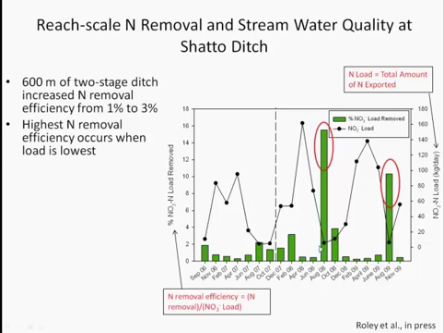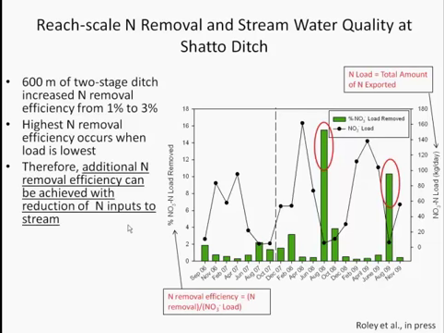So here in August of '08, we were removing about 15 to 16% of the load. That tells us that if we can reduce some of the inputs to these ditches through managing the tile drains or managing the fertilizer on the field, we can probably attain additional N removal efficiency in these two-stage ditches.